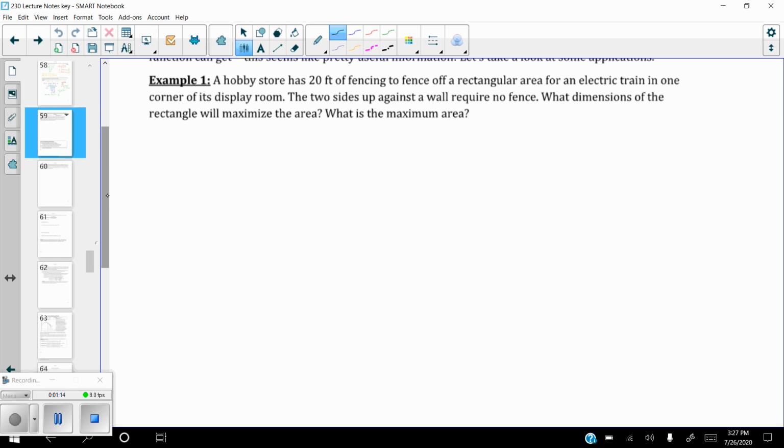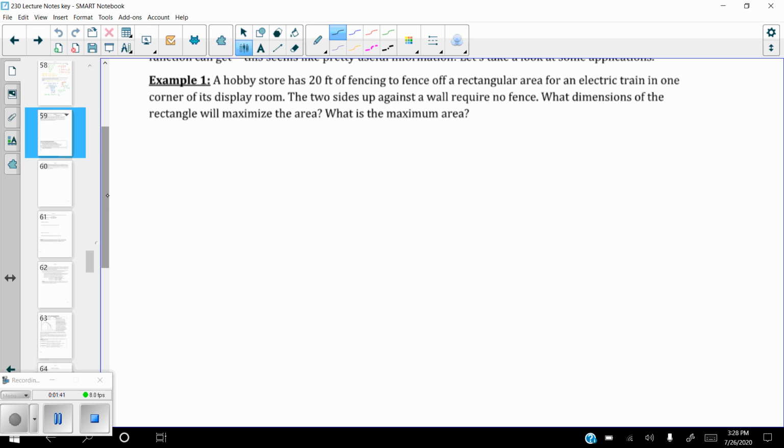Or you might want to minimize the material that you use in order that you can maximize your profit. So there's a lot of different things that go into maximizing and minimizing. So let's go ahead and start with example number one. And in a lot of these examples, some kind of a sketch is really going to be helpful, so you'll see me sketch a lot on this particular unit.